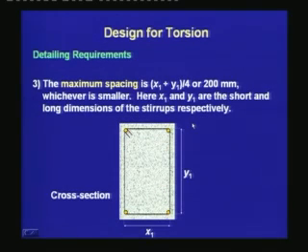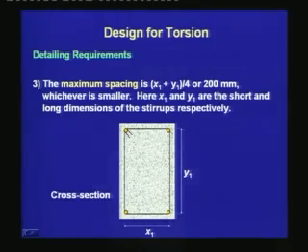The third requirement is the maximum spacing is x1 plus y1 divided by 4 or 200 millimeters, whichever is smaller. Here x1 and y1 are the short and long dimensions of the stirrups respectively.